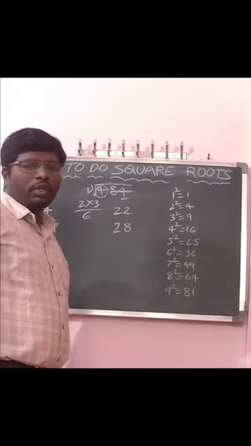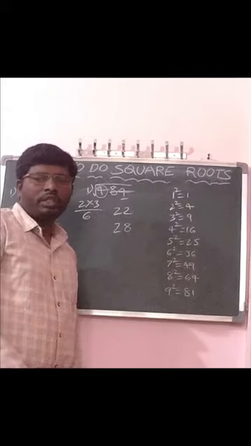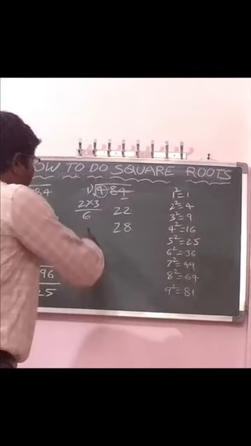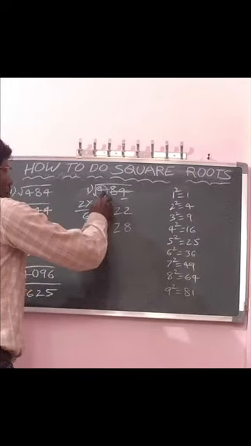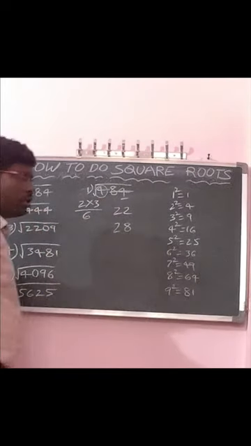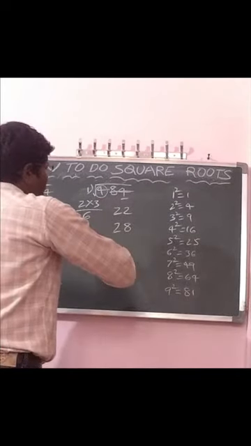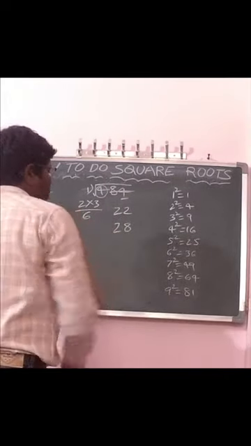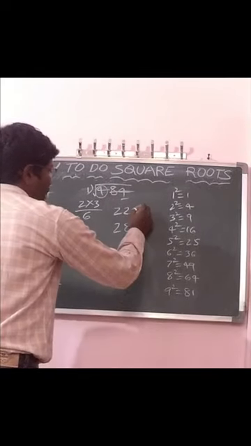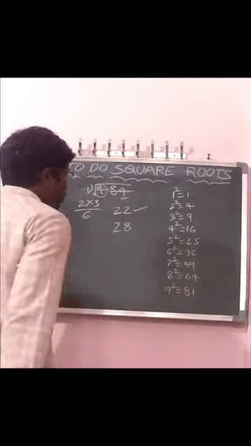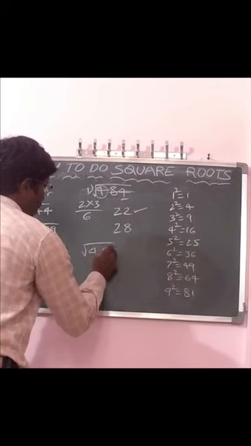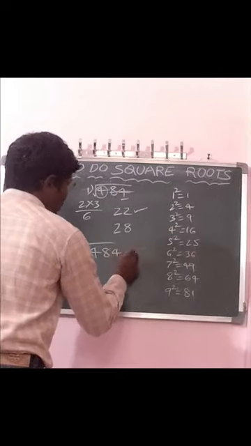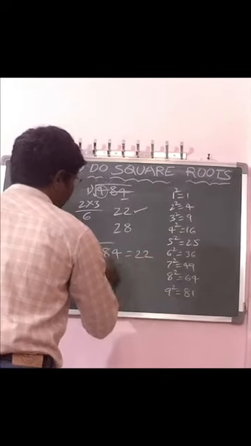So now check whether 4 is less than or greater than 6. So 4 is less than 6. So now we can take the smaller number, 22. Therefore root of 484 is equal to 22.